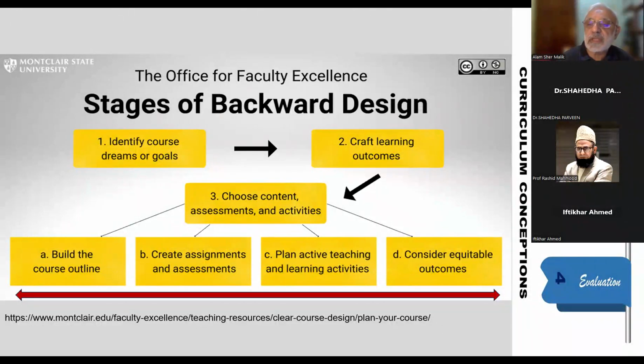We identify the attributes of a graduate, and then from there, we go down and identify the content, teaching-learning methods, and assessment methods to achieve those learning outcomes at the end of the course.